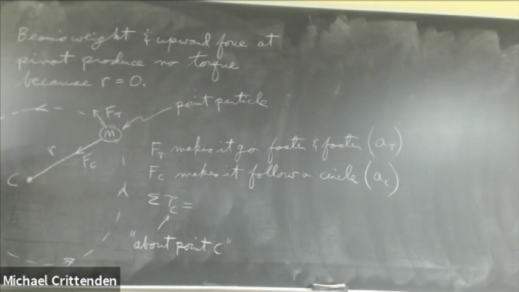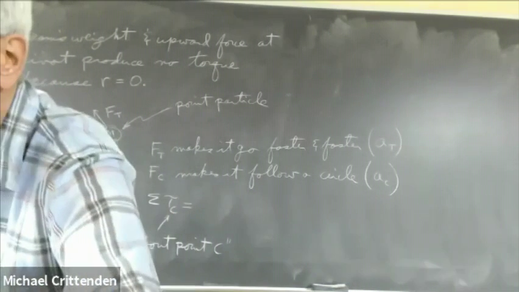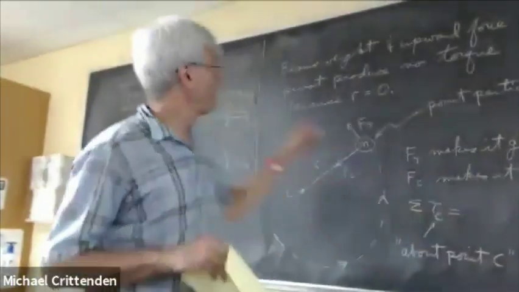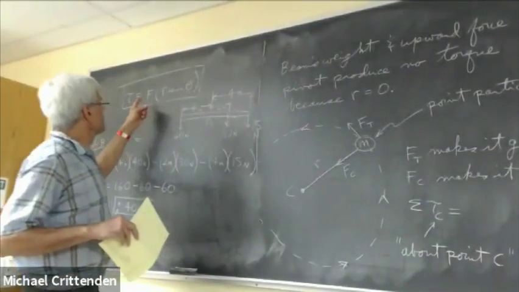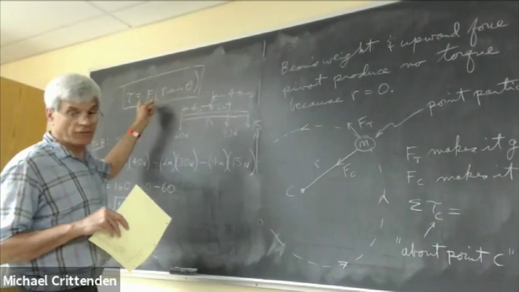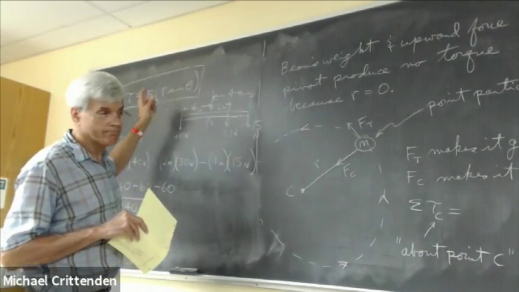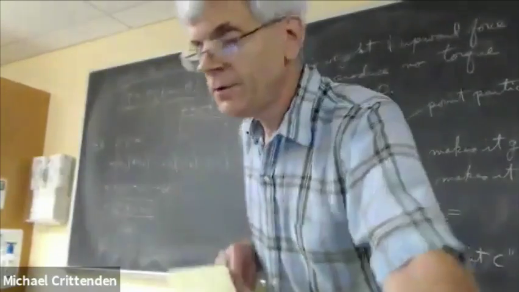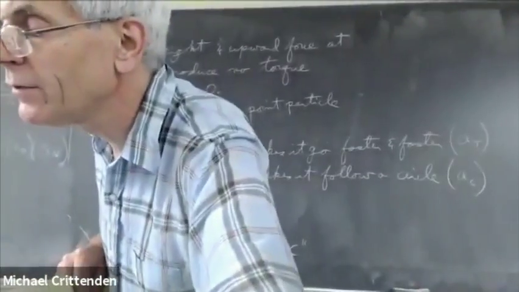Well, that would be the torque due to the one force plus the torque due to the other force, each of which is given by the expression that you can't see me pointing at, but remember this back over here? R times F times the sine of the angle in between is the torque due to a force.